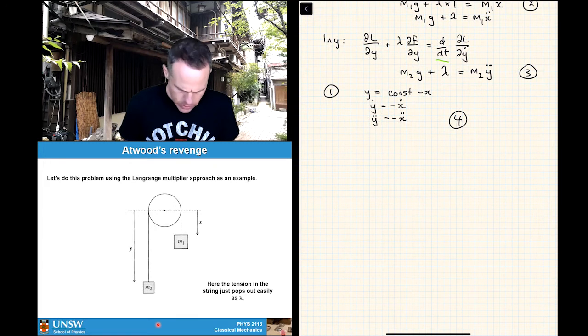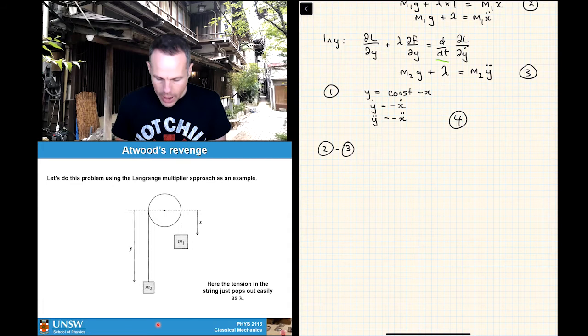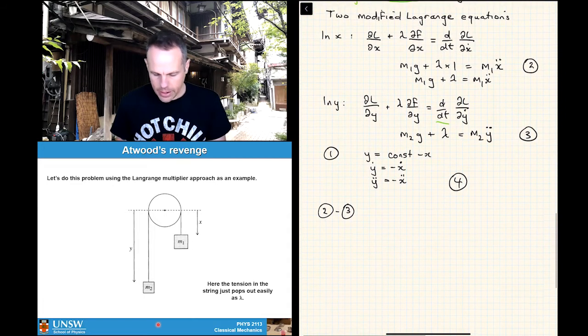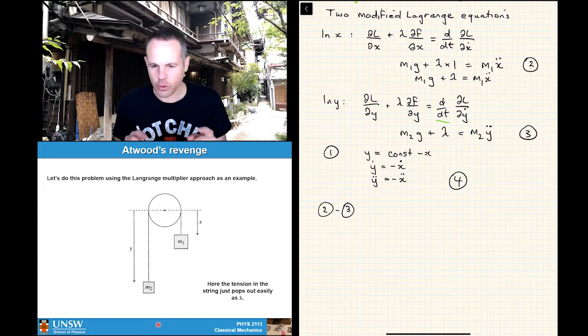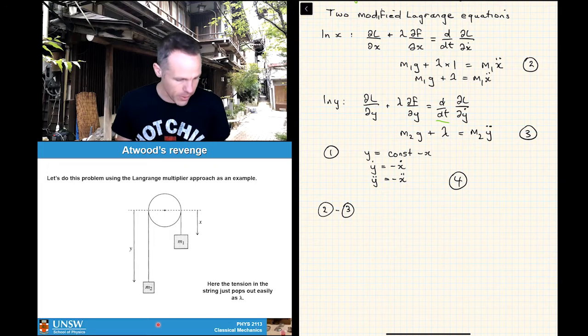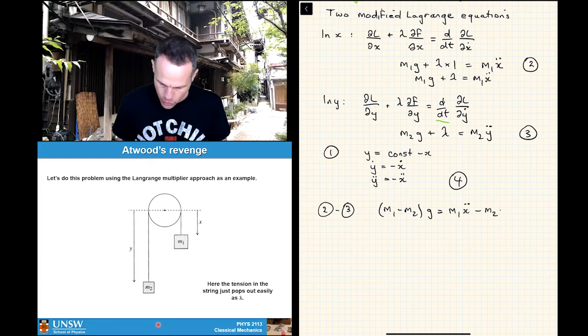And then what we can do is take equation 2 minus equation 3. And this is, again, kind of an inspired thing. I know what the solution looked like in the last lecture, and if you want, you can stop at this point and go back and remind yourself what it looked like and why I'm going the direction I'm going. I'm going to subtract these 2 equations, because what I get is (m1 minus m2)g is equal to m1 x double dot minus m2 y double dot.